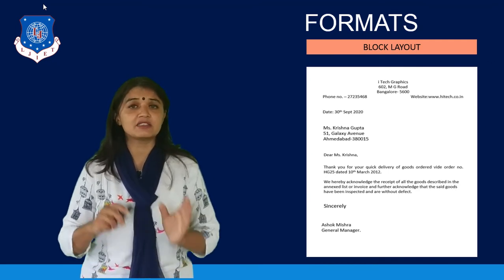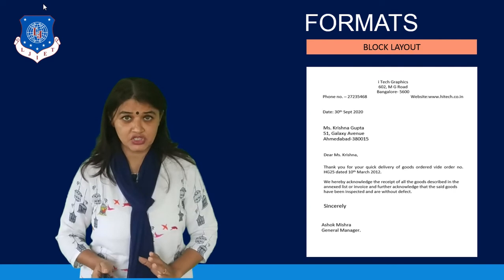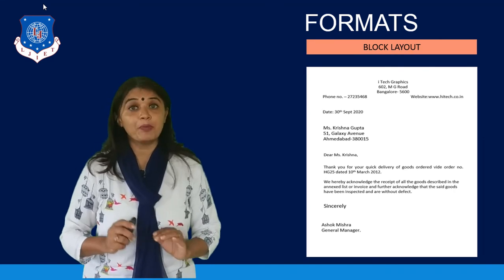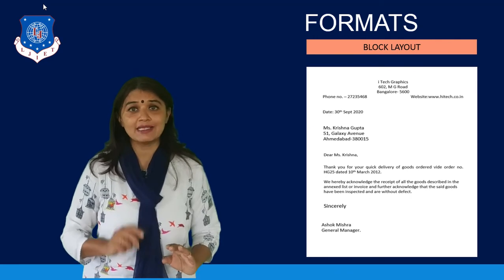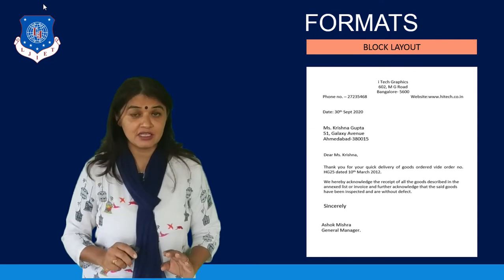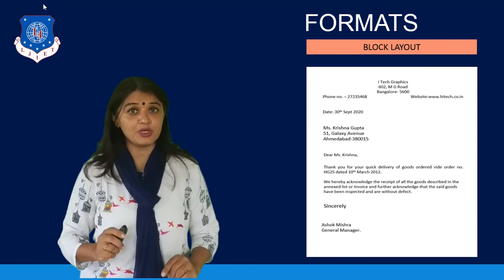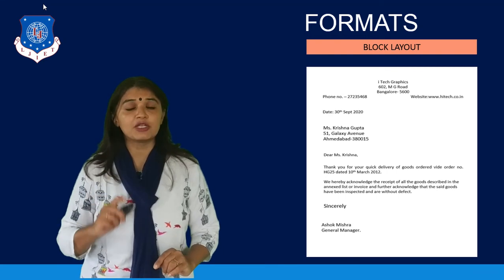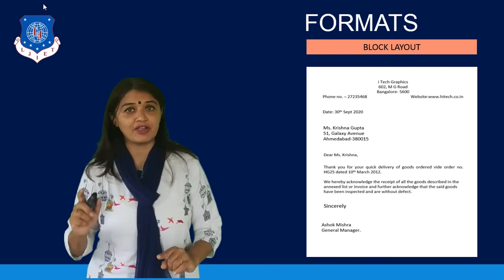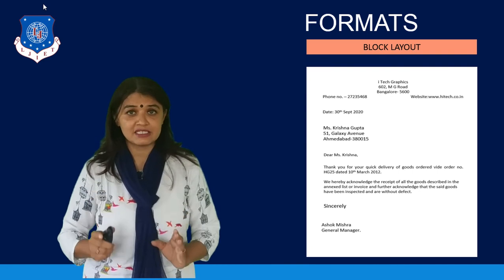So all the elements are justified to the left margin, and open punctuation is used. That means that no comma is kept after the addresses, because you have been habituated to put a comma after each line of address, but don't put any comma after each line of address in business letters.